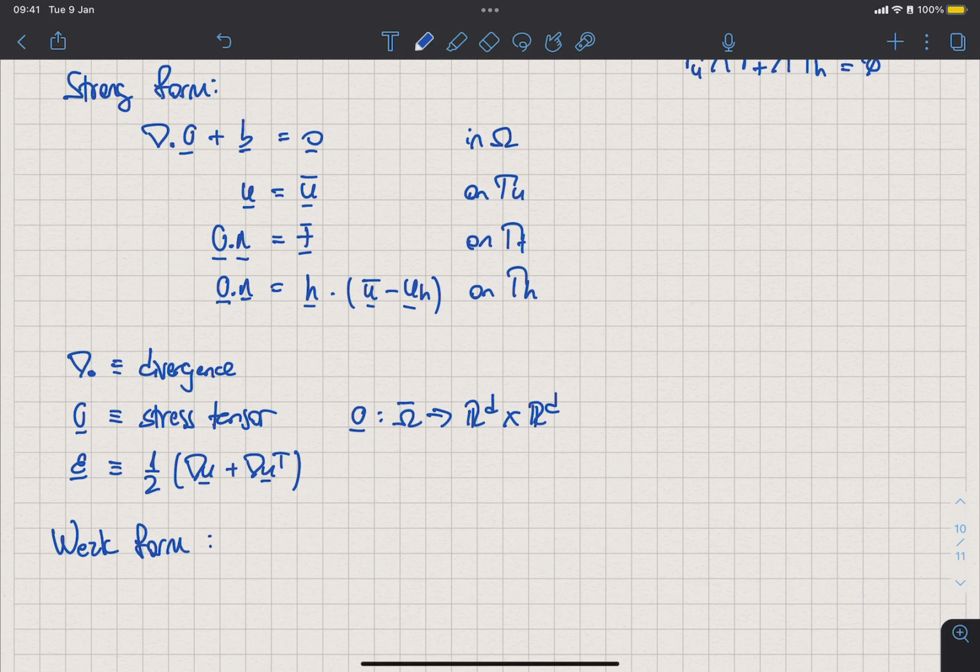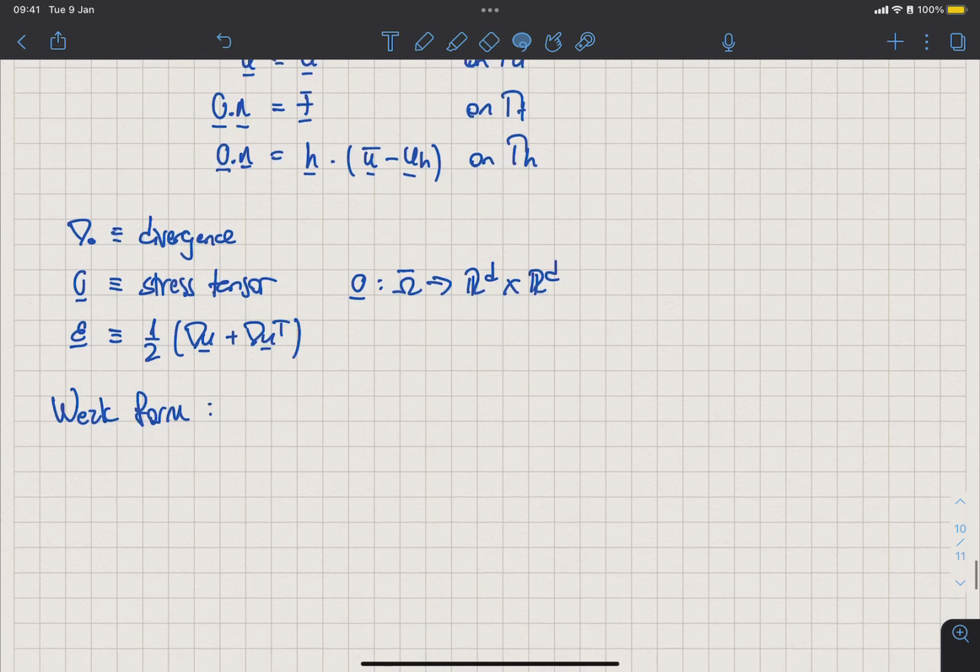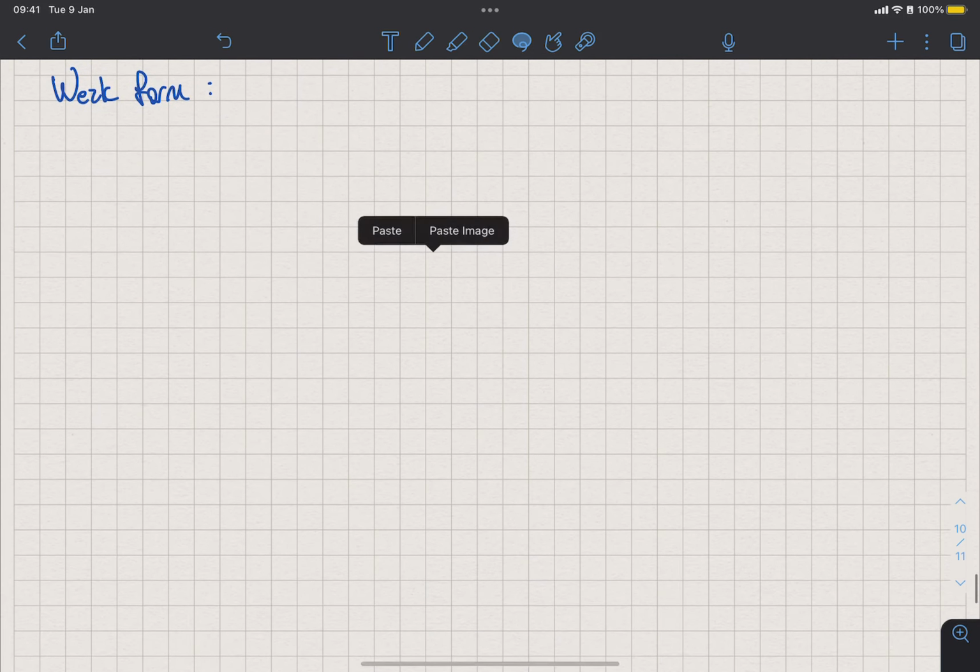As you all know by now, we take this equation and we weight that equation with a weight function.